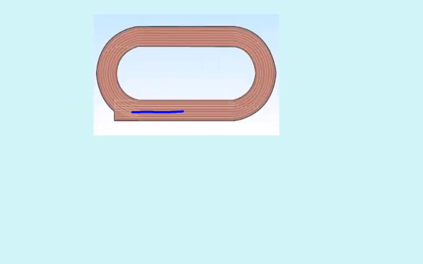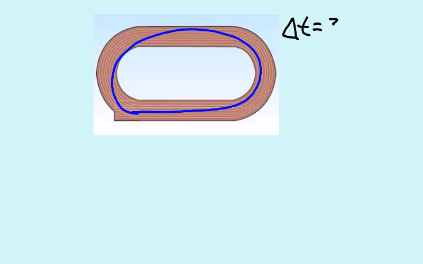So if we look at velocity, my blue line represents the displacement. And I'm going to use a delta t, or a change in time, of 30 seconds. So this is going to take me 30 seconds to round this track. Definitely not me running.